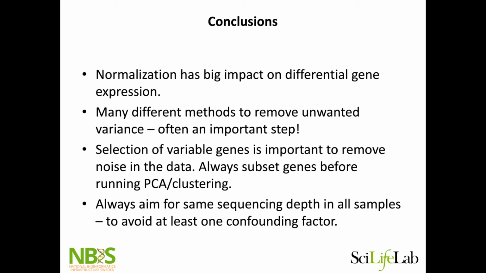To make it as easy as possible, aim for the same sequencing depth in all samples, because that makes normalization so much easier. And when you run 10x, that also means loading the same amount of cells per sample, because quite often you run one lane per sample.